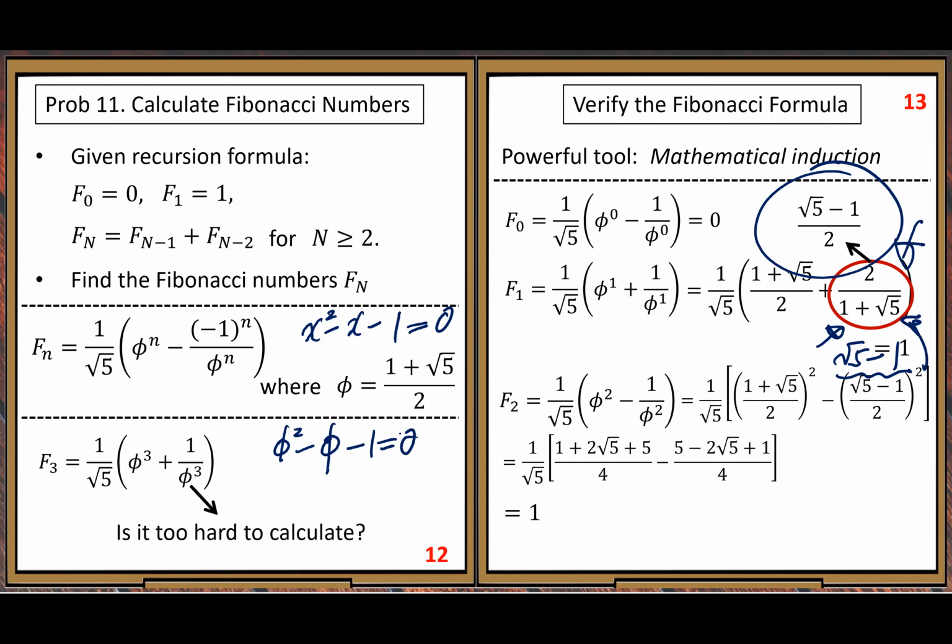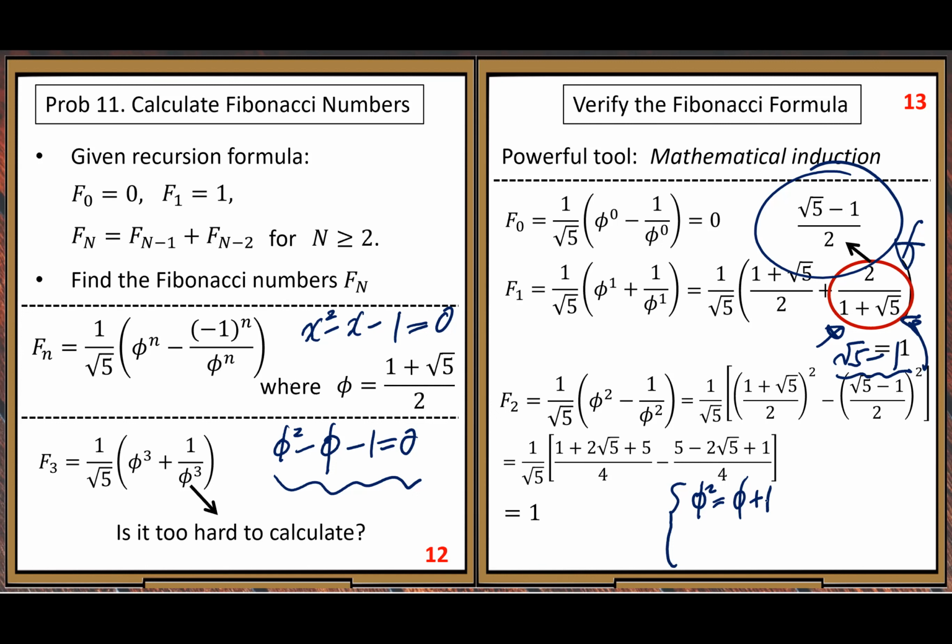Then this equation gives us two obvious properties for the golden ratio. The first property: phi squared equals phi plus 1, just moving these two terms to the right-hand side.